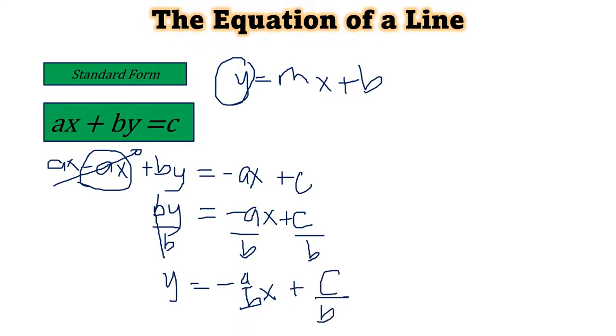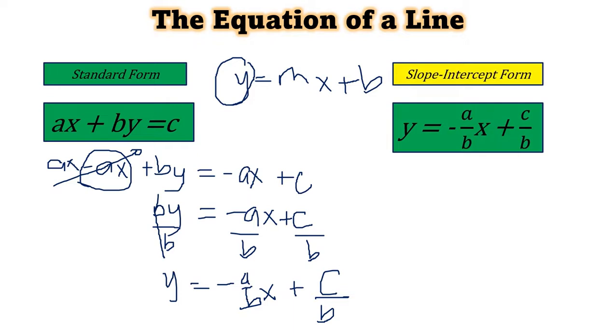And there you have it. The slope-intercept form of ax plus by equals c is y equals negative ax over b plus c over b.